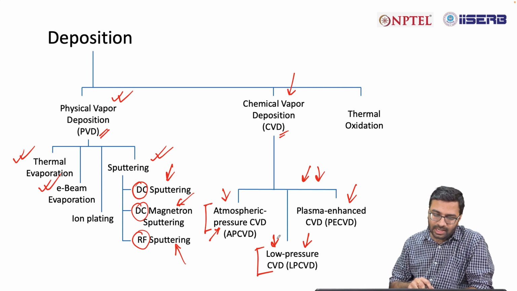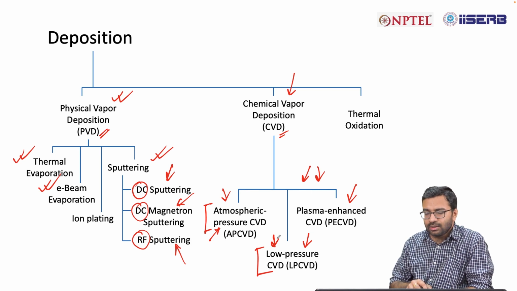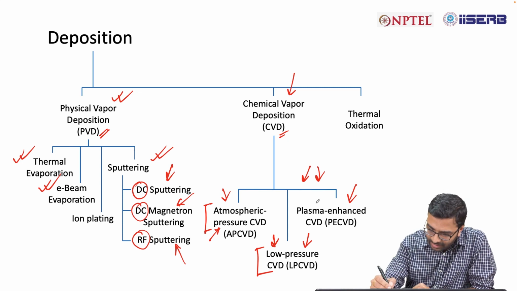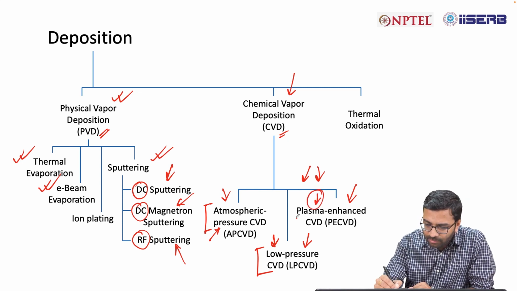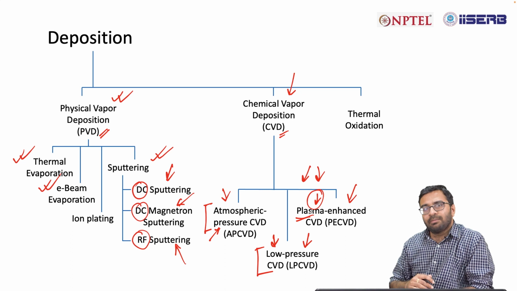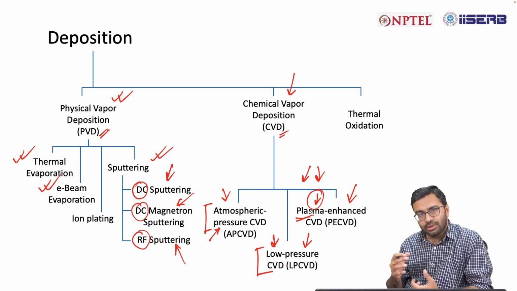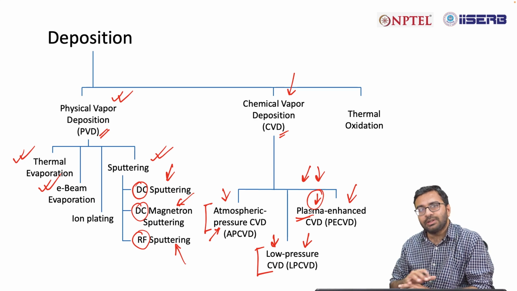That's why they are named atmospheric pressure CVD, or APCVD, and low pressure CVD, that is LPCVD. Then we have plasma enhanced CVD, where, as the name itself makes clear, plasma will be created inside a CVD chamber in order to deposit thin film materials on different substrates.